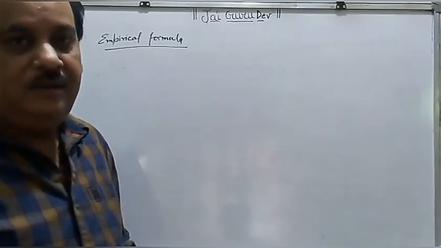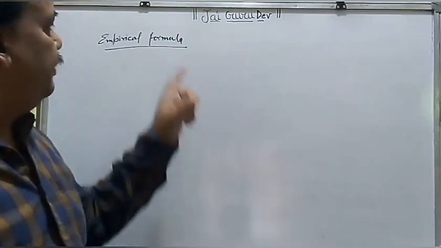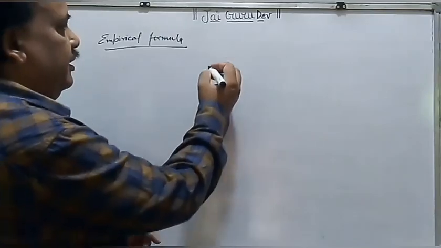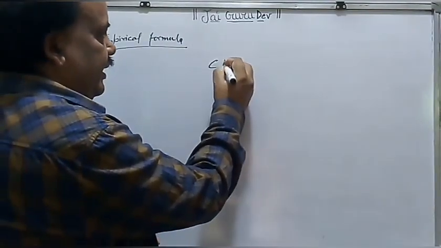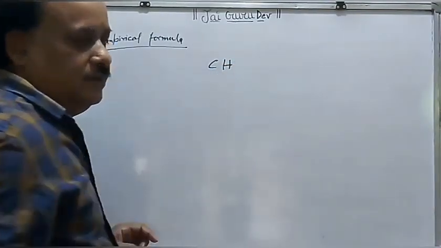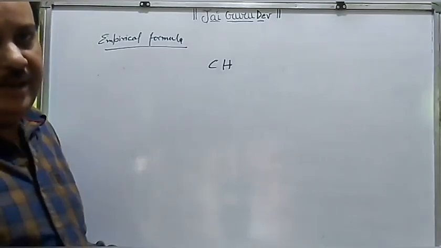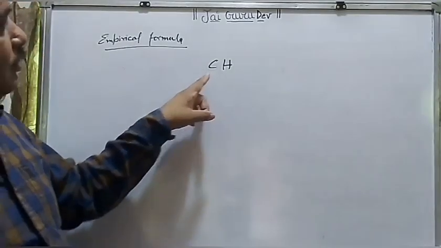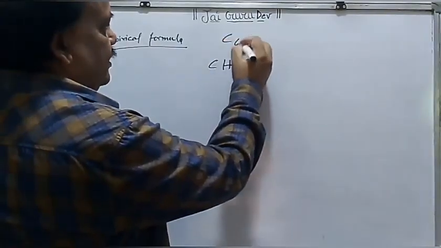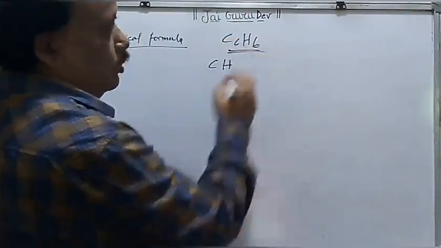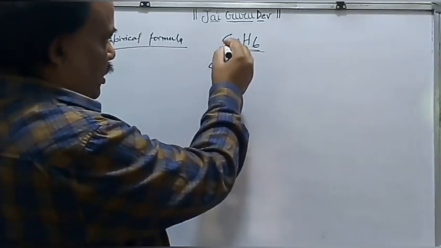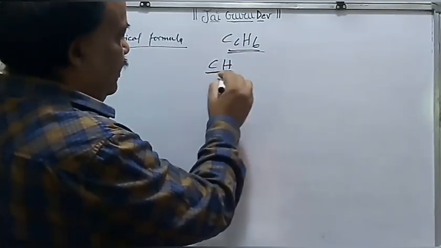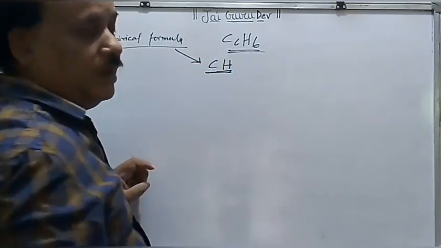For example, the empirical formula of benzene is CH. What is the formula of benzene? Molecular formula C6H6. So C6H6 is the molecular formula, and the simplest whole number ratio is the empirical formula.